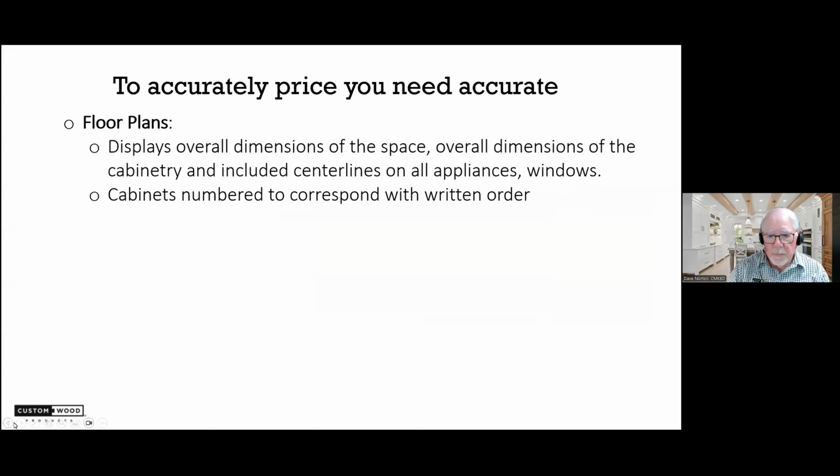So when you're pricing, you're going to want to have a good floor plan with all your dimensions, including overall of cabinetry and center lines. And then we're going to ask you to number your cabinets to correspond with your written order.